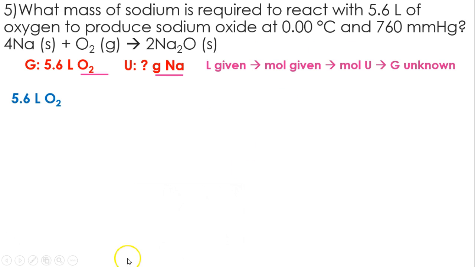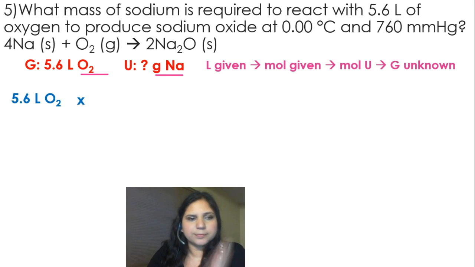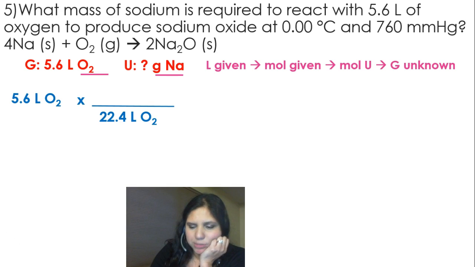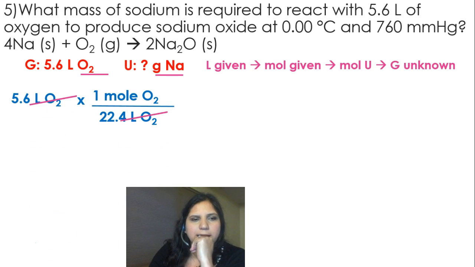All right. So 5.6 liters of oxygen times, we need 22.4 liters to cancel out those liters, because this is at STP, is equal to 1 mole of oxygen. Cancel out liters of oxygen.